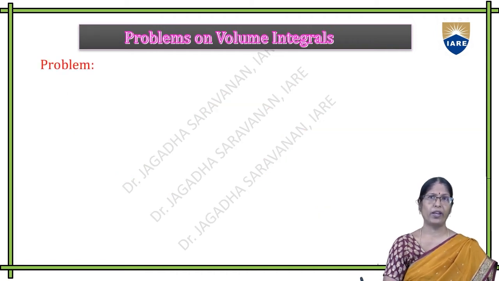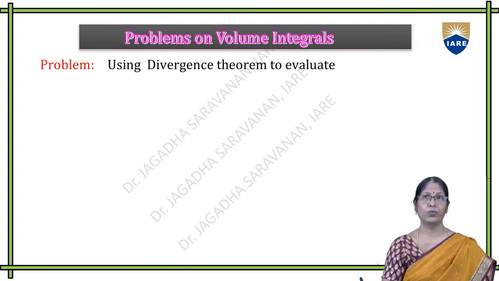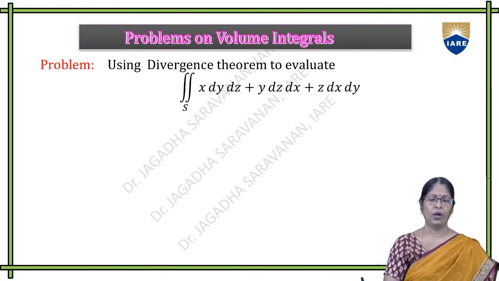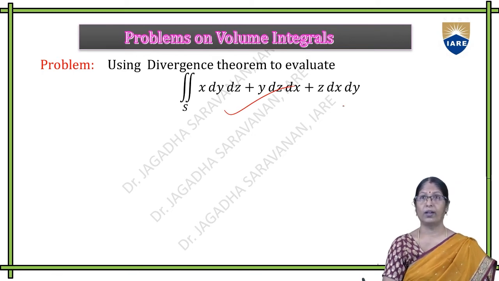So we will move to the next problem, using the divergence theorem to evaluate the surface integral given, that is x dy dz plus y dz dx plus z dx dy. That is the surface integral given in our question.